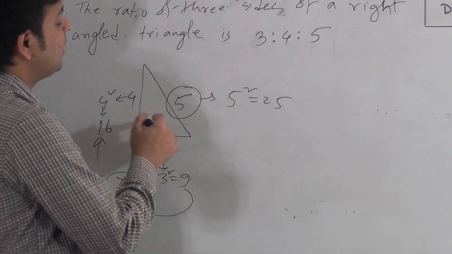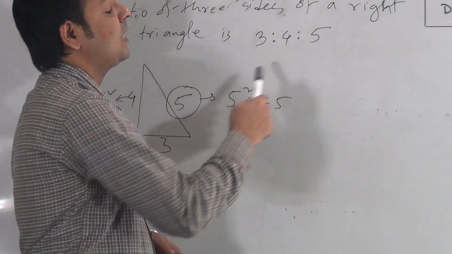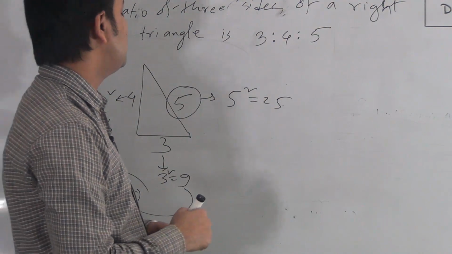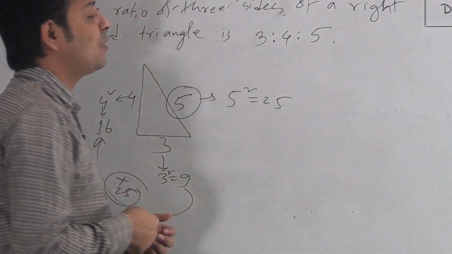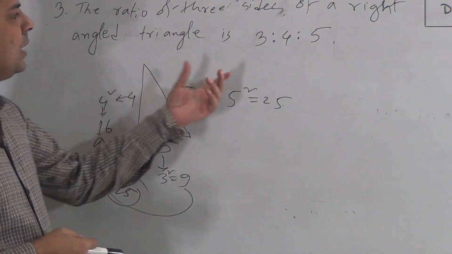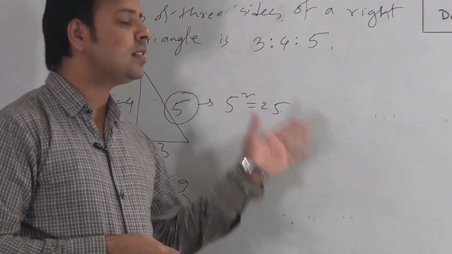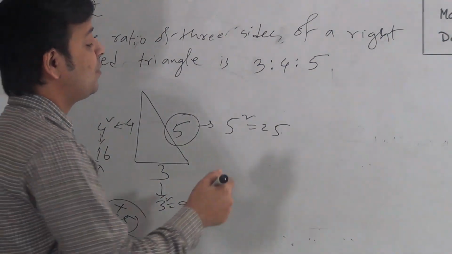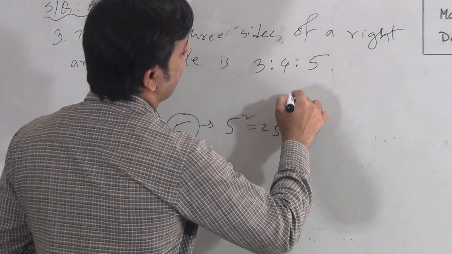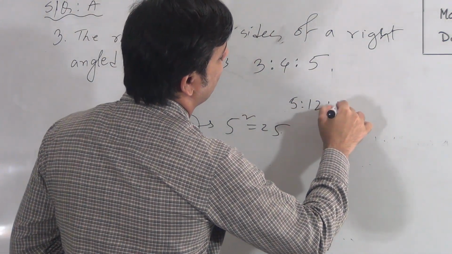So we can say the ratio of these three sides satisfy the condition of theorem of Pythagoras in case of right angle triangle. So this can be the ratio of three sides of a right angle triangle. You may get other also. I have shown in question B, that is 5:12:13.